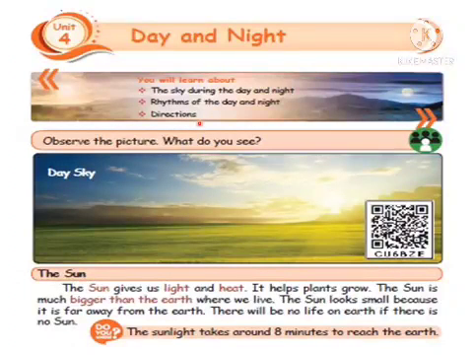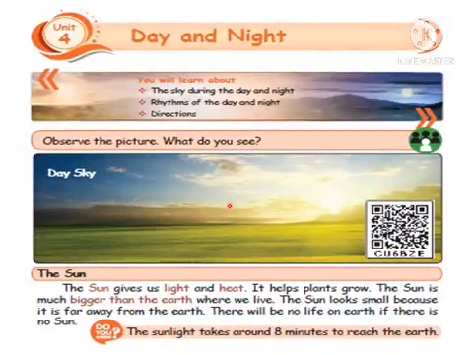Children, we are going to learn about day and night. We are going to see what we see in the sky, day and night. We are going to look at the noises, the wake up, day and night.